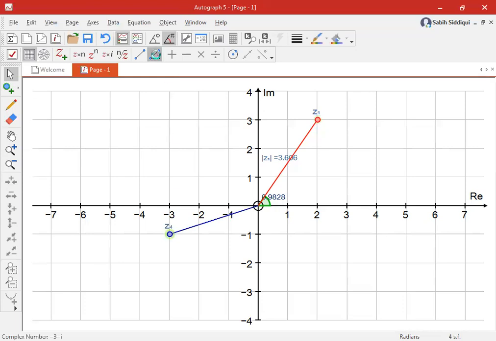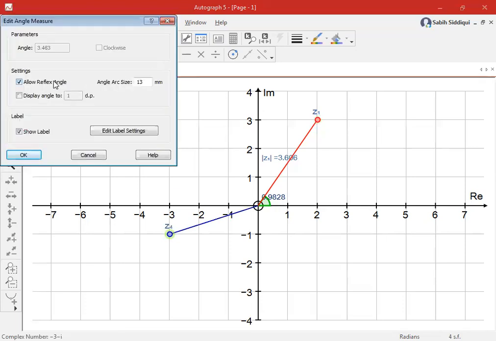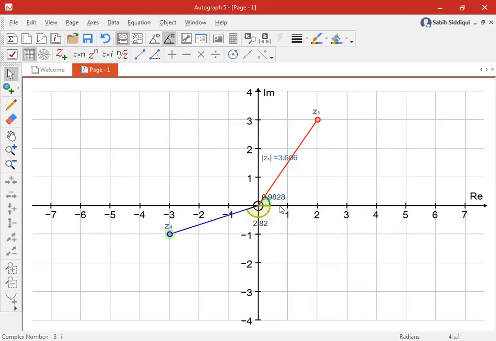If I want to find the argument of z2, and if I do not select the reflex angle, which angle will it show? It will show me the angle that the positive x-axis makes, and this will be a negative argument. Is this right? But now the syllabus has been updated. This limit is no more followed even in A levels.